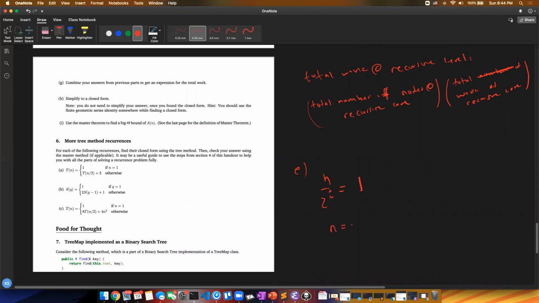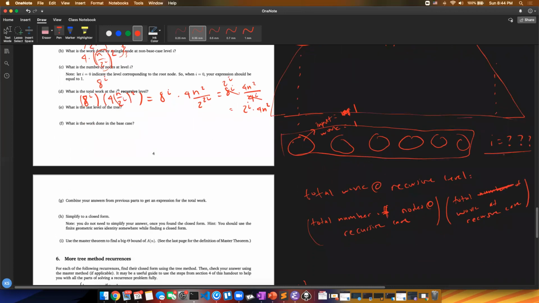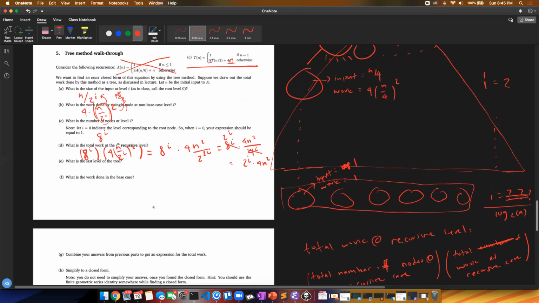That'll be n over 2 to the I equals 1, and we get that this becomes log 2 of n equal to I, essentially. So that means that at log 2 of n is when we reach our base case, in terms of the ith level. So this would become log 2 of n.